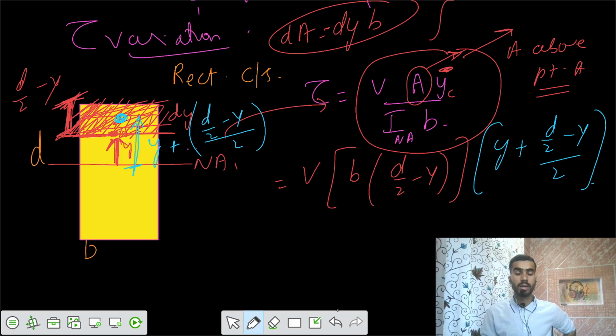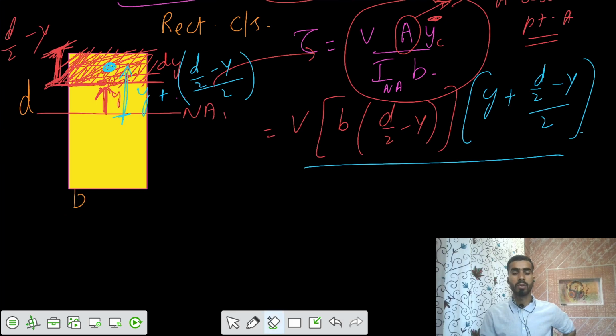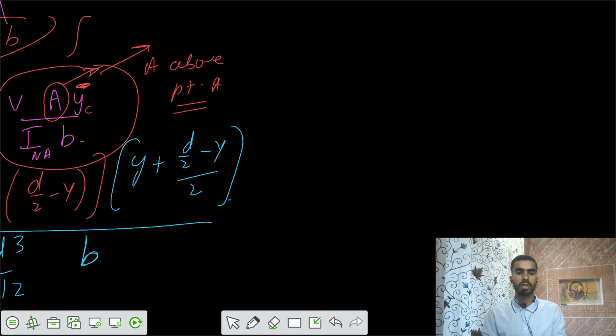Then we have the moment of inertia, the second moment of area about the neutral axis, that's bd cubed upon 12. And we have the width. What is the width at that particular point A? So this was your point A. At that particular location, what is the width of the cross section? That is the same b. So we got this equation of shear stress.